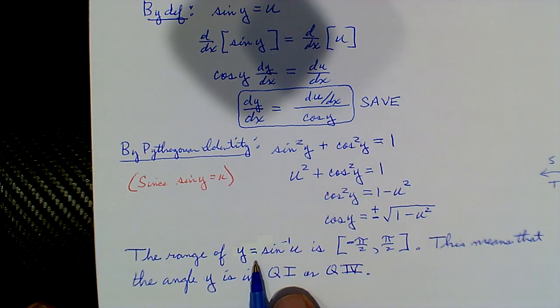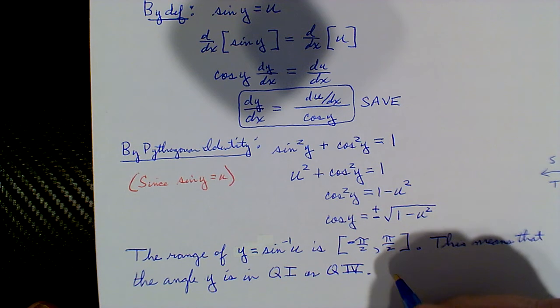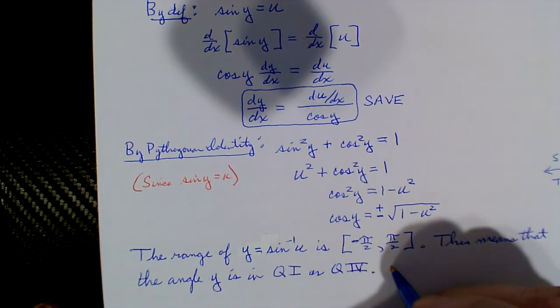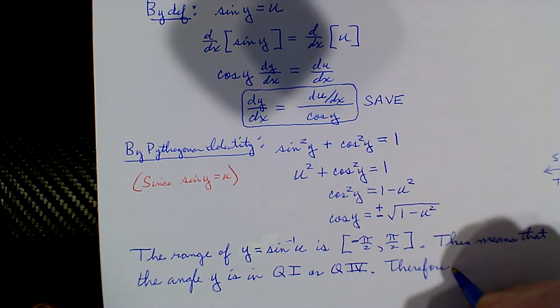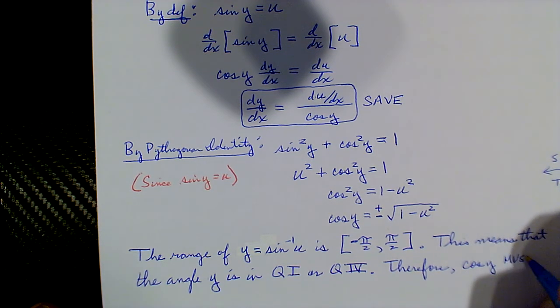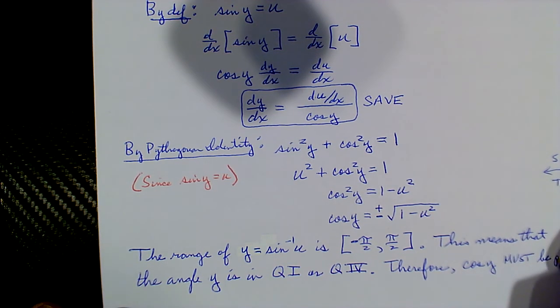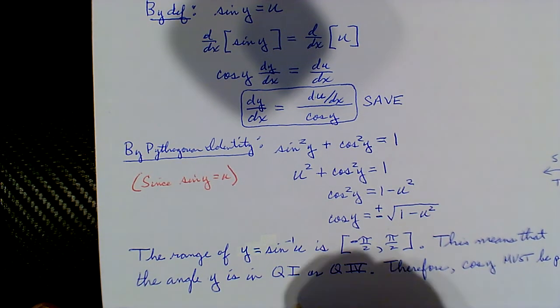See, the angle y is forced to be in quadrants 1 and 4 by the definition of the inverse sine, and then as a consequence, the cosine happens to be positive in both of those quadrants. So we can continue and say, therefore, cosine of y must be positive, and then we can finish it up.